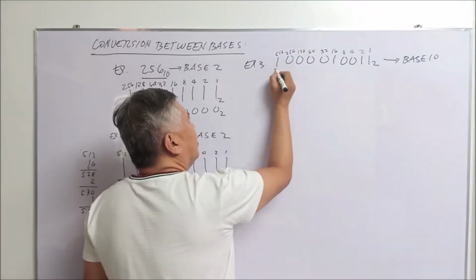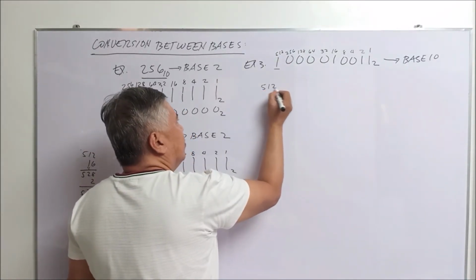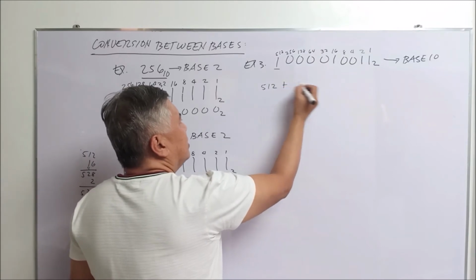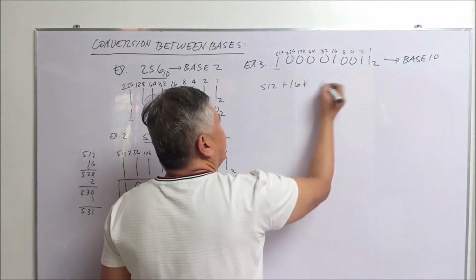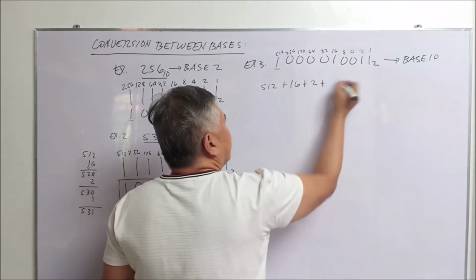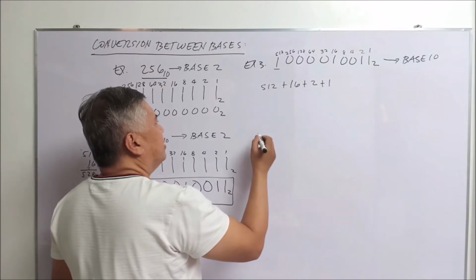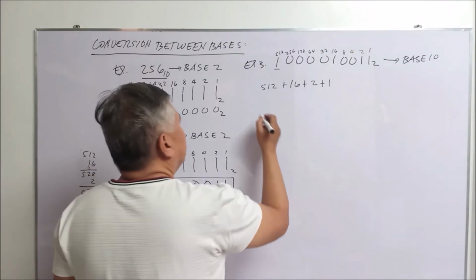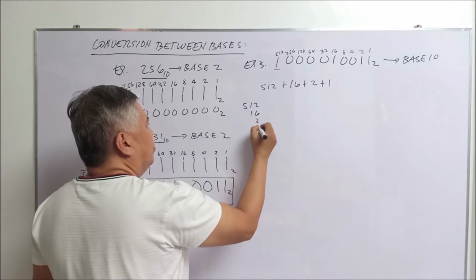Let's say, for example, this one, that is 1, so you have 512, plus this one, 16, plus this one, 2, plus 1. Okay? So 512 plus 16 plus 2 plus 1 is what? 512, 16, 2, and 1.